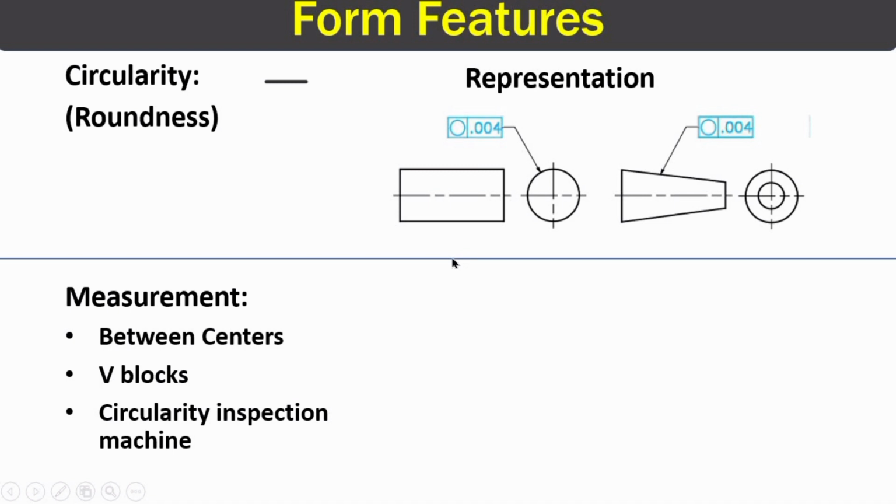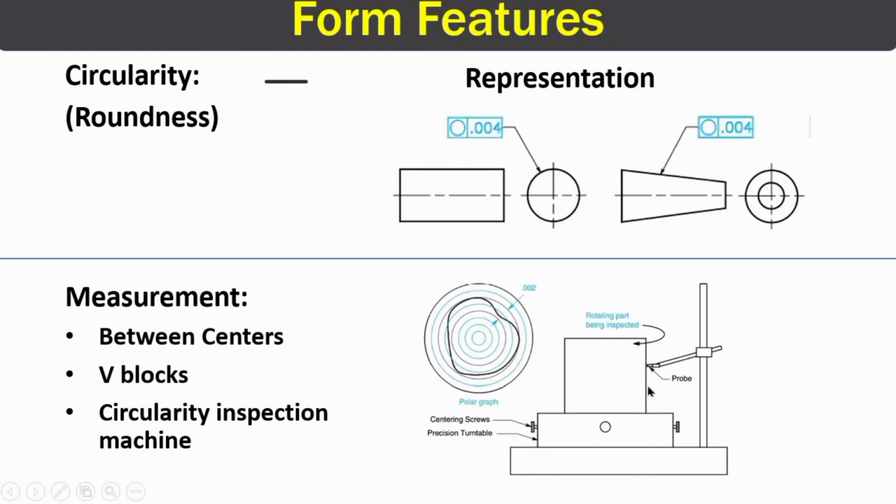One method is mounting the part between centers or in a V block, then rotating it and measuring the circularity with the plunger gauge. Another method is a circularity inspection machine, where we mount the part in that machine and then rotate it. As we rotate the part, a graph is plotted and we can measure the circularity by this method as well.